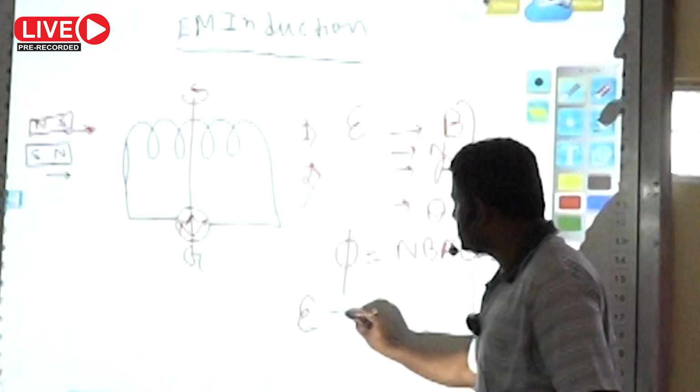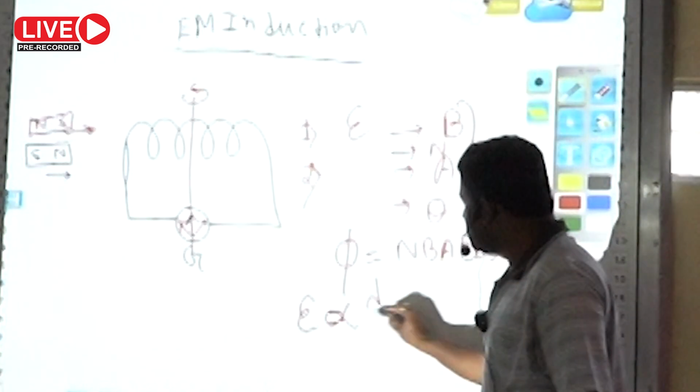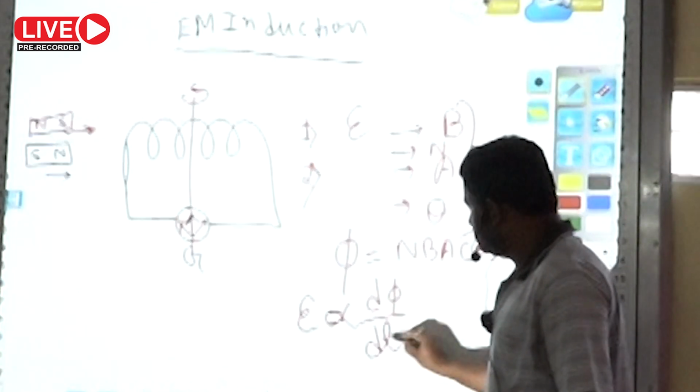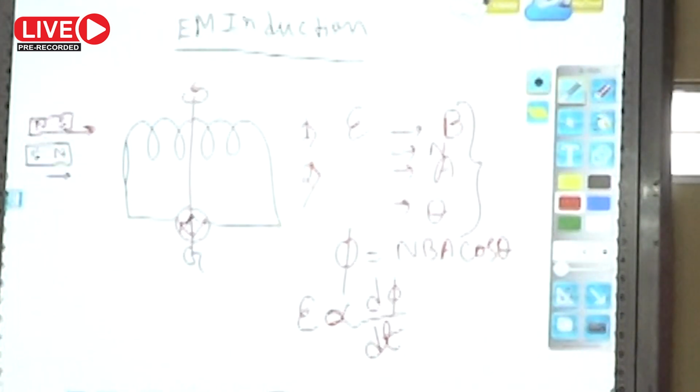So E can be written, by Faraday, as directly proportional to d phi dt. E is proportional to d phi dt. This was also experimentally observed by Faraday by measuring the deflection of the galvanometer.